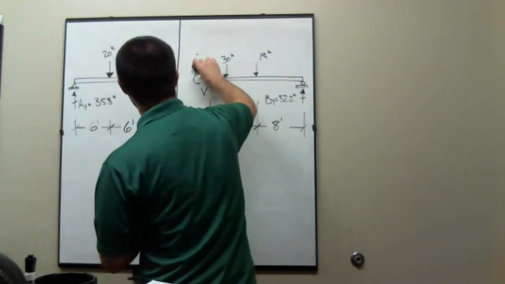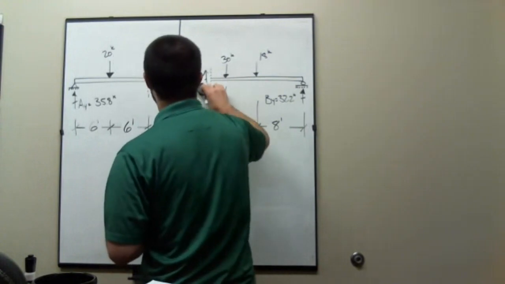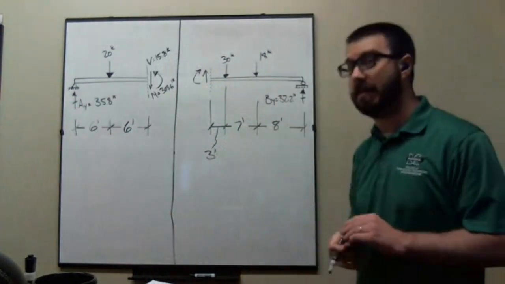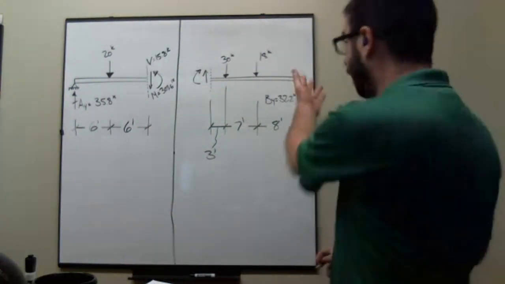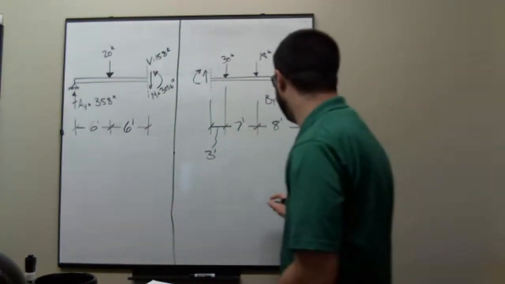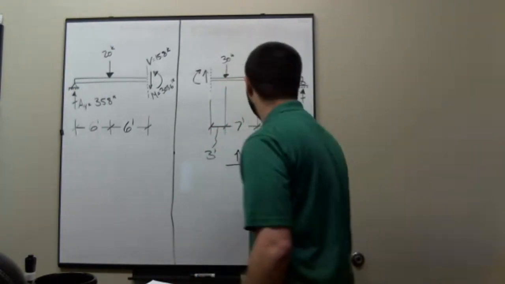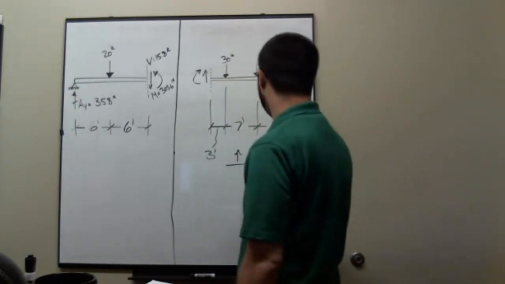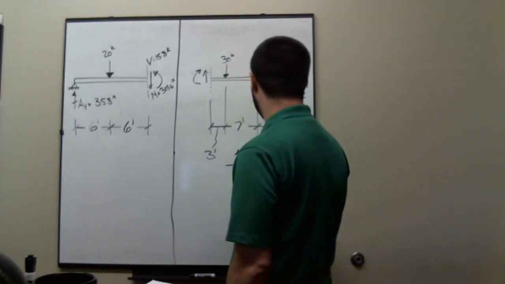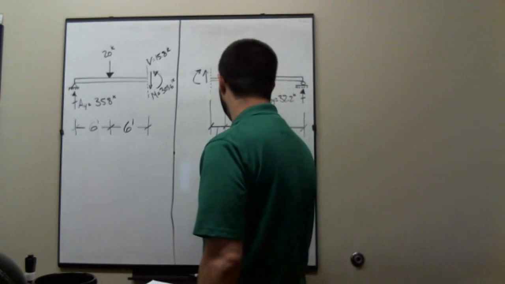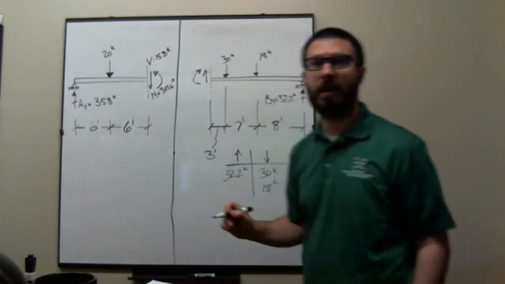Now, one of the things I want to impress upon you is that you will get the same answer if you look the other way. Like, for instance, let's take the shear. Let's sum forces in the y direction. So what do I have? I got 30 kips going down. I've got 18 kips going down. I've got 32.2 kips going up.